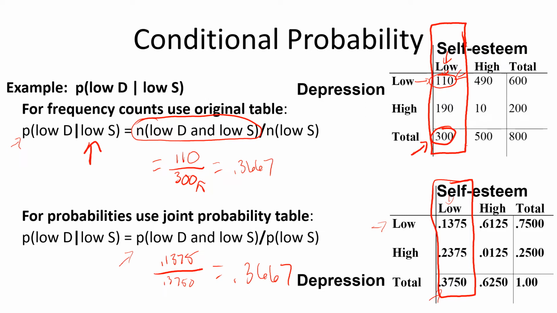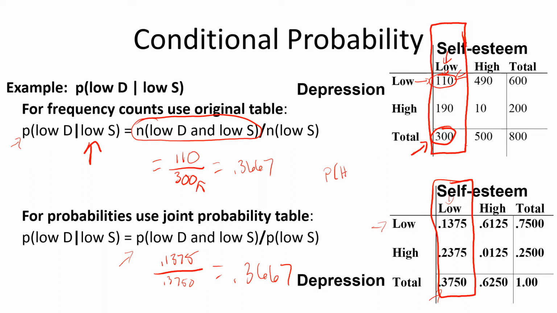Let's throw another example out there. What's the probability that someone has high depression and high self-esteem given that they've got high depression?